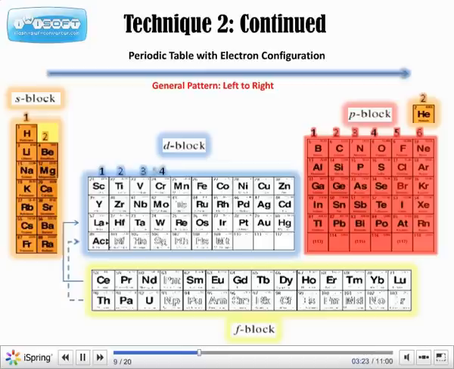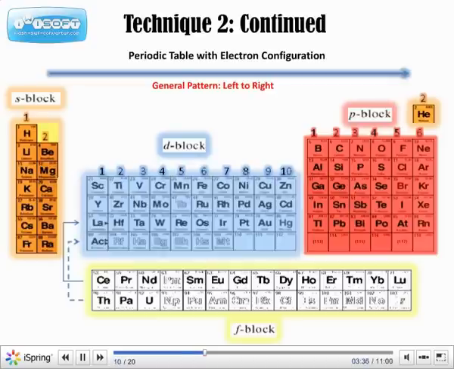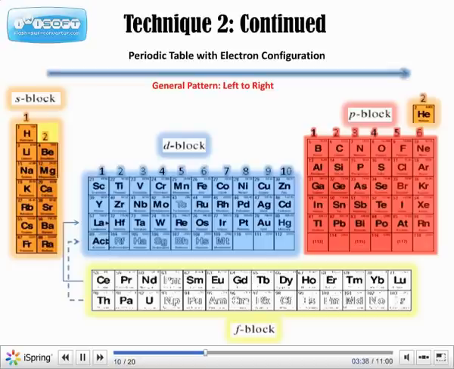The D sublevel can hold a maximum of 10 electrons. The middle 10 columns of transition elements on the periodic table represent the D sublevel. For example, Sc to Ac represents D1, Cu to Au represents D9, and so on.